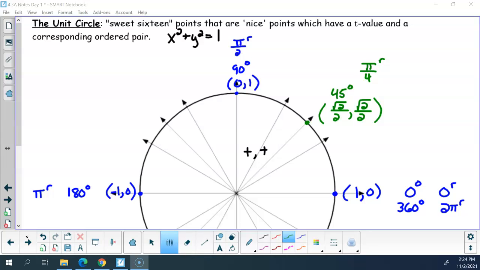Now let's go into quadrant number 2. Quadrant number 2, the halfway point would be right there. So what's halfway between 180 and 90? 135? 135 degrees. What's halfway between 1/2 and 1?